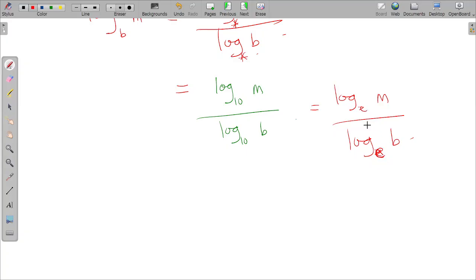You must use the same base for both of them, you cannot use e here and 10 there. Since this is log e, it becomes ln. So this becomes ln m over ln b, because it is now in base e.